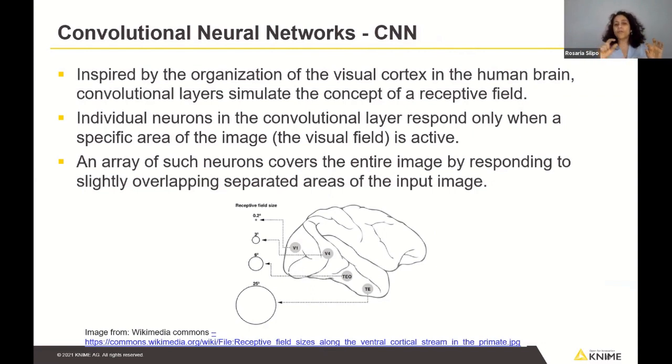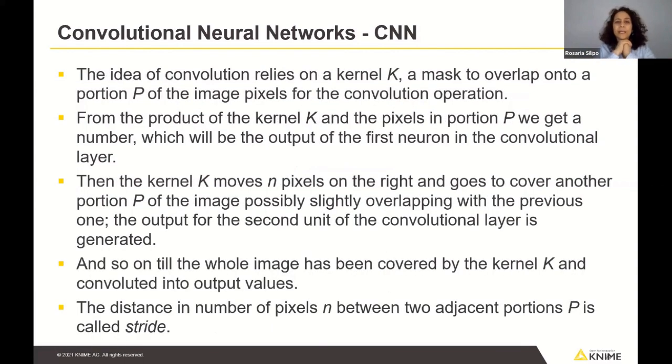This array of different neurons becomes an array of exploration of the different areas in the visual field, and they cover the whole visual field, each one responsible for extracting information from its own area. So we take inspiration from these kinds of neurons, and then we build an array of neurons, each neuron responsible for a portion of the input image.